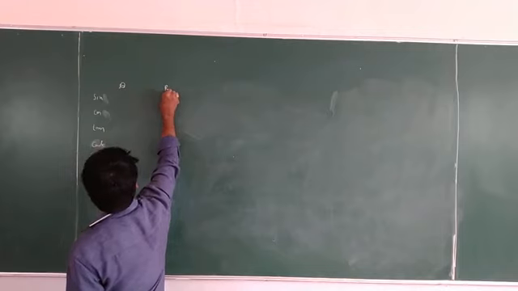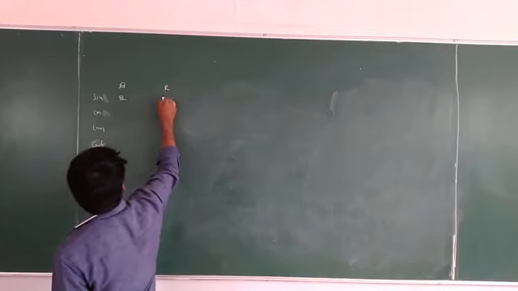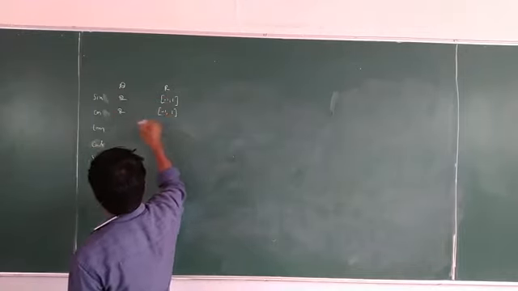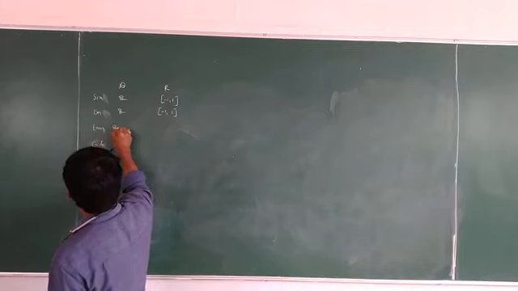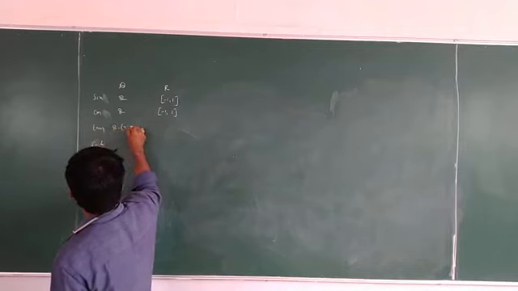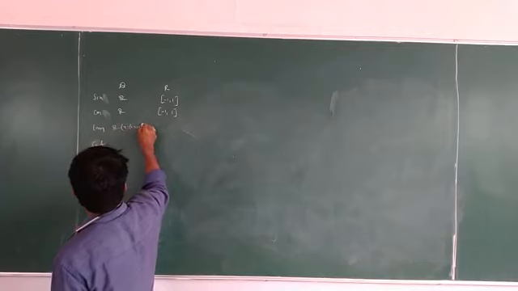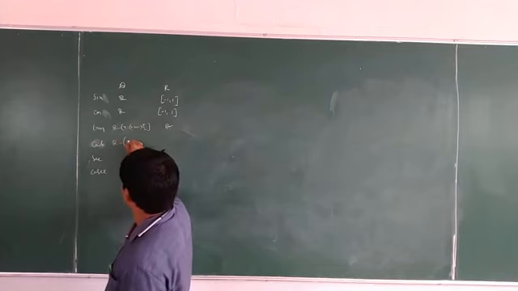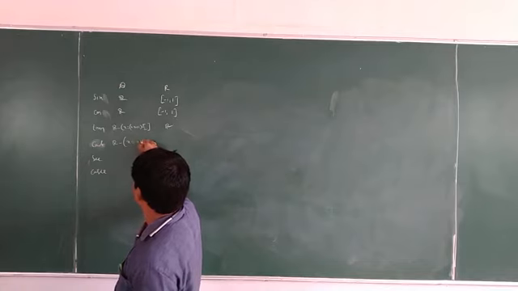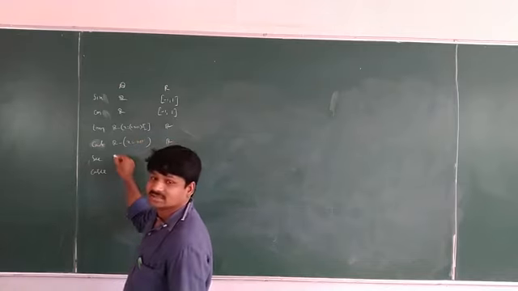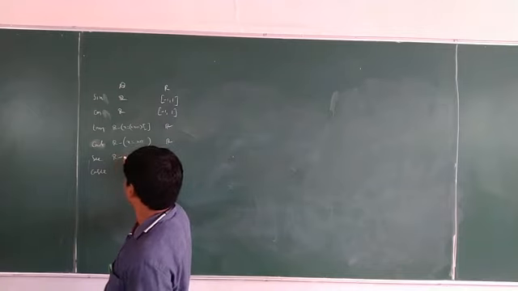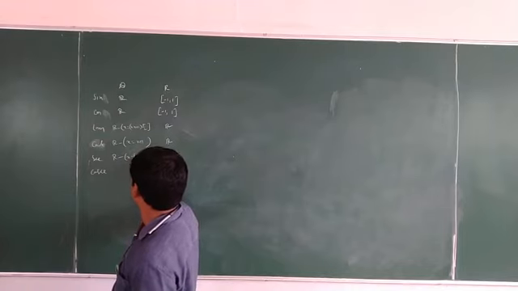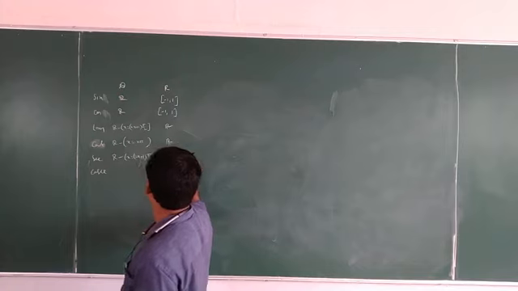Domain and range. For sin, domain R, range [-1, 1]. For cos, domain R, range [-1, 1]. For tan, domain R minus x equal to (2n+1) pi/2, range R. For cot, domain R minus x equal to n pi, range R. Secant is same as tan only, secant means 1 by cos: R minus x equal to (2n+1) pi/2, range R minus (-1, 1).